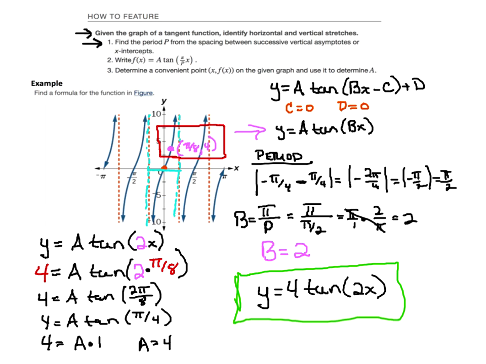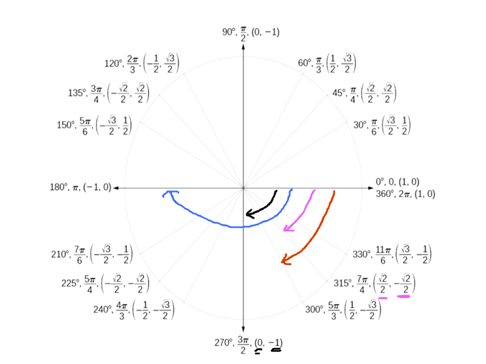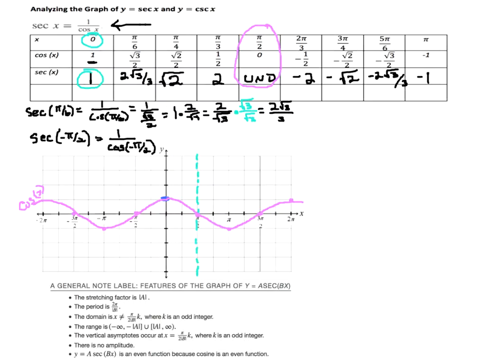Back to our unit circle. Negative pi over 2 takes me here, and the cosine is 0. So that's 1 divided by 0, which is undefined. So sure enough, I've got another asymptote at negative pi over 2. So those are going to happen at every pi value.